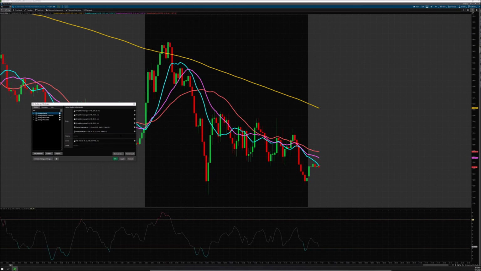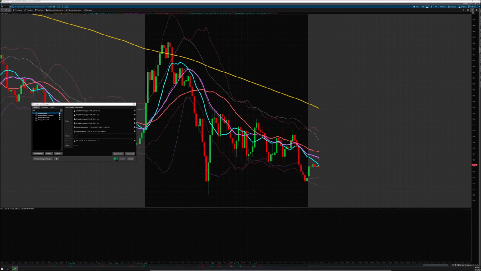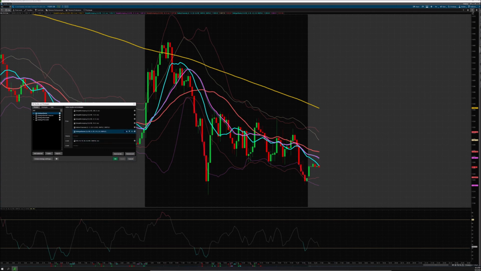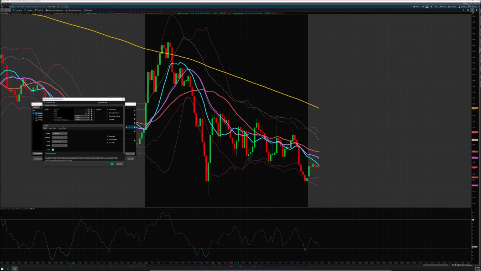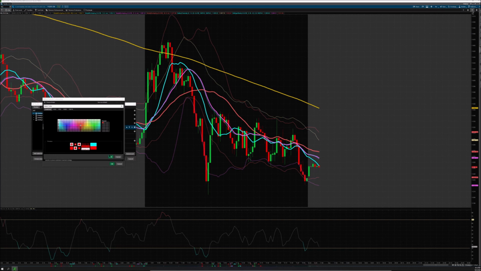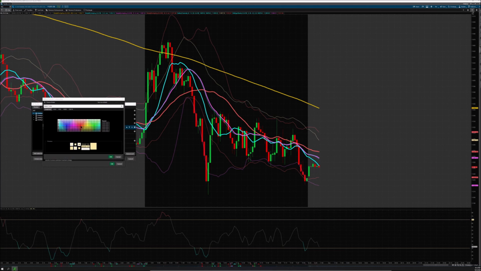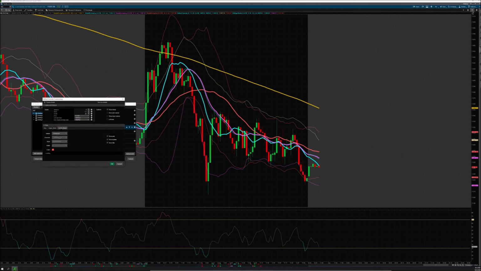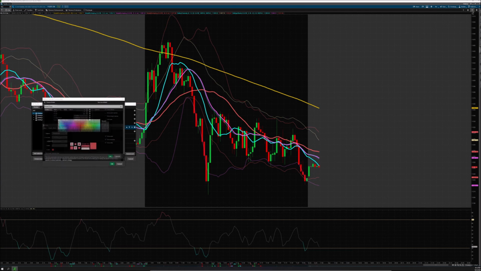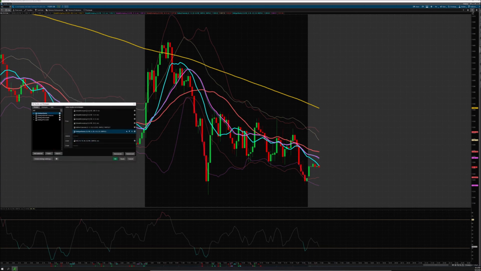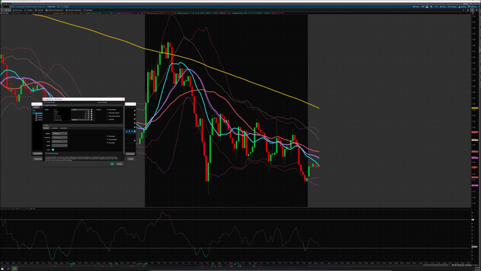All right. So John Carter's method is Bollinger Bands. Oh, let me change these. All right, so we're going to use the Keltner in red just for the sake of the video. And then on the Bollinger Bands, we're going to use blue.